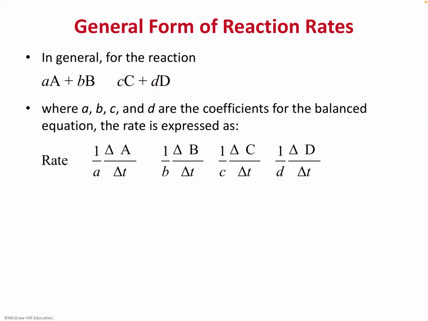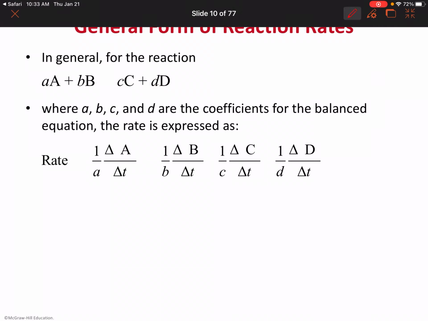So let's say A plus B giving you C plus D. How would you write the rate for this reaction? The rate equals, and the coefficient for A is little a, so 1 over a. And remember, since A and B are reactants, it has to be negative.